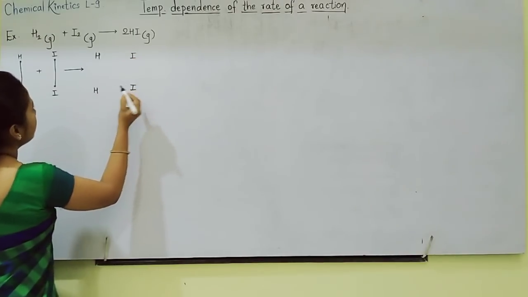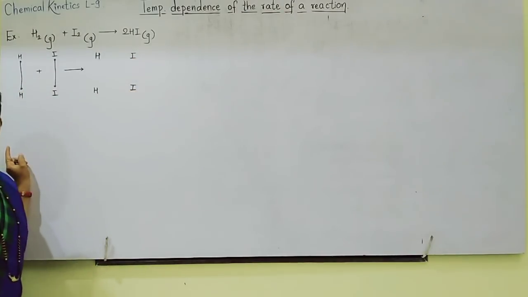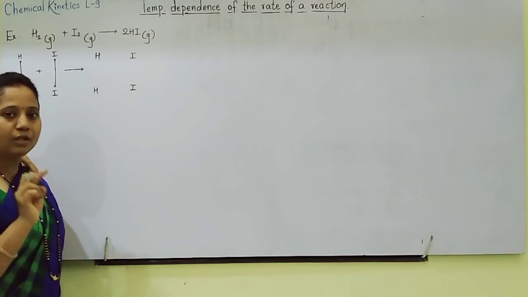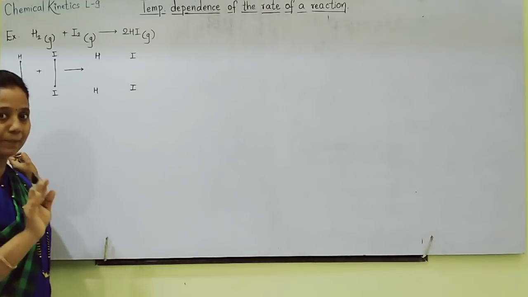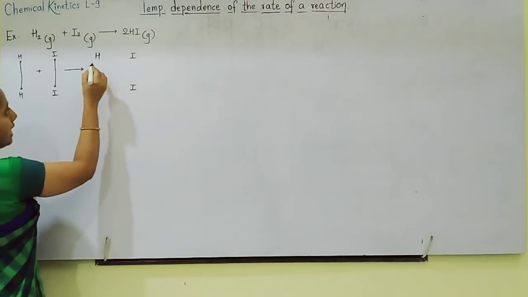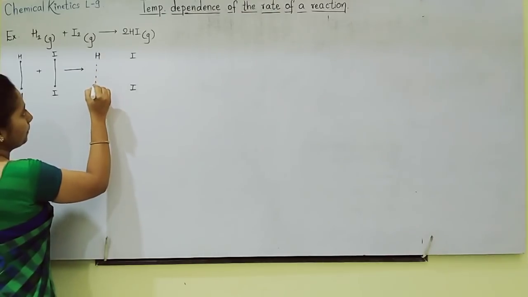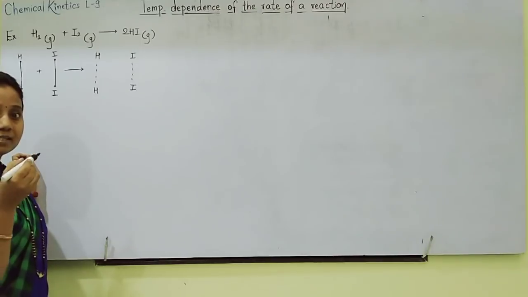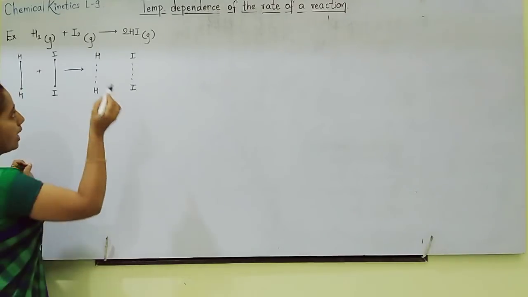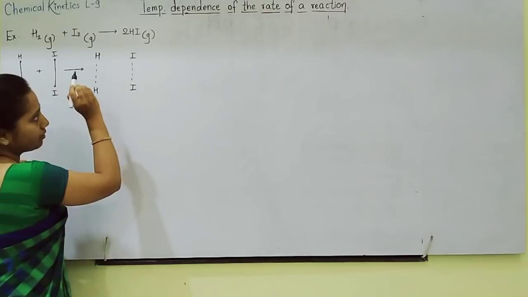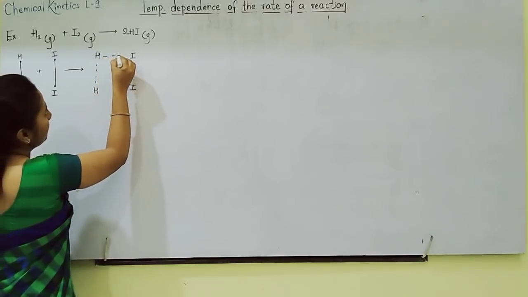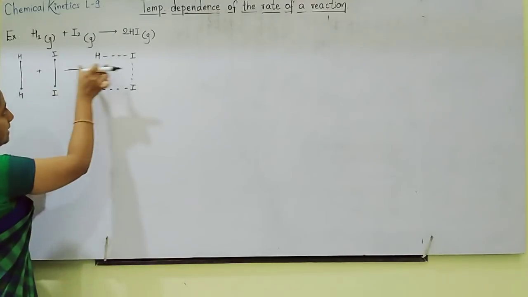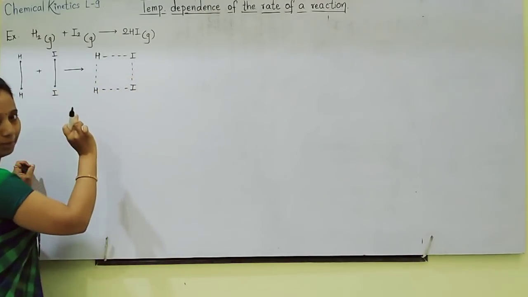Now students, see, these are reactants. Reactants collide with each other. During collision, pre-existing bonds will break. So I am showing these bonds breaking. New bonds start forming. So I am showing formation of new bonds. Pre-existing bonds are breaking, new bonds are forming.